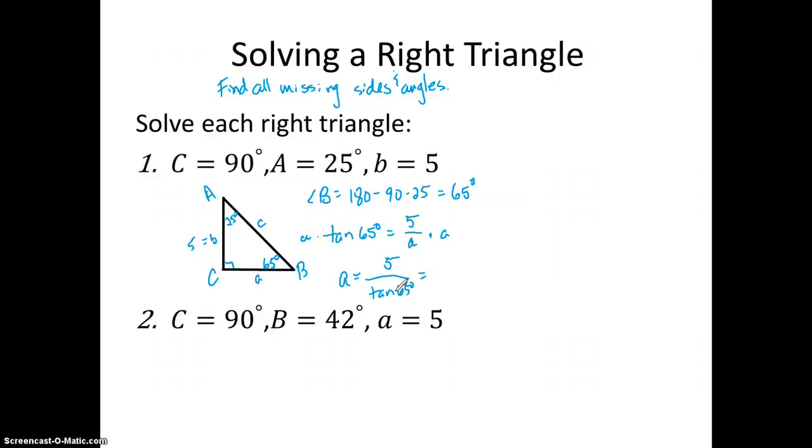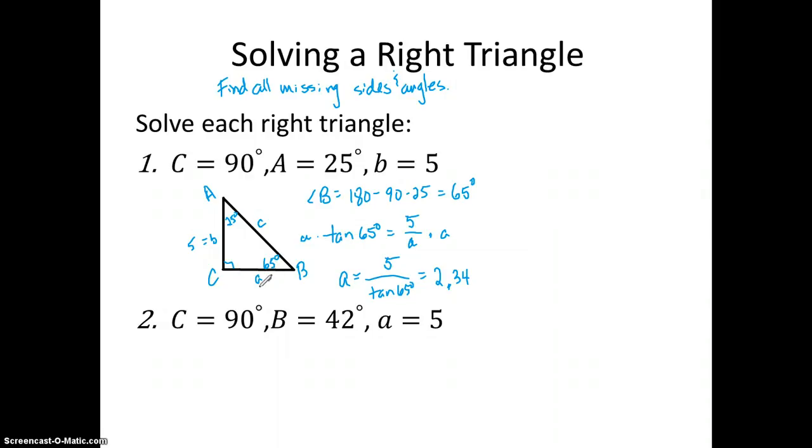And you do 5 over tangent of 65, which ends up being around 2.34. Okay, so now we have this side.